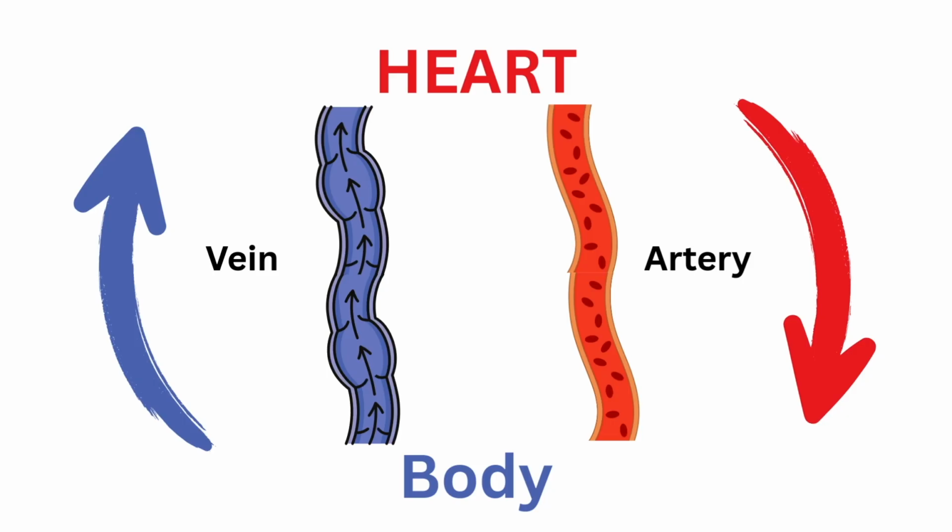So let's talk about one of the major differences between the veins and the arteries. As you can see here in this diagram, on the right side we have a red vessel that is an artery, and we have a blue vessel on the left side that's a vein. Arteries take blood from the heart throughout your body, and the veins bring blood from your body back to your heart.